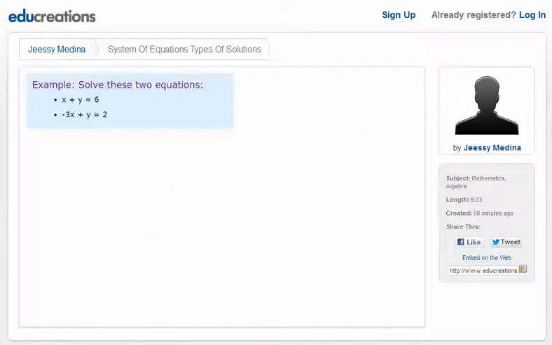Alright, so now let's learn about techniques on solving systems of equations. Now you were introduced to 4 different techniques. Number 1, you can solve by graphing.